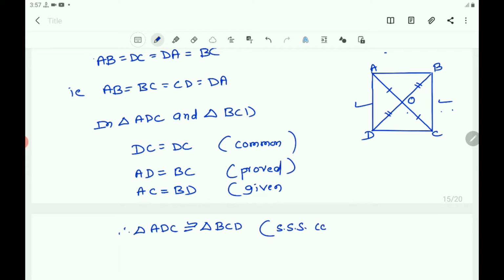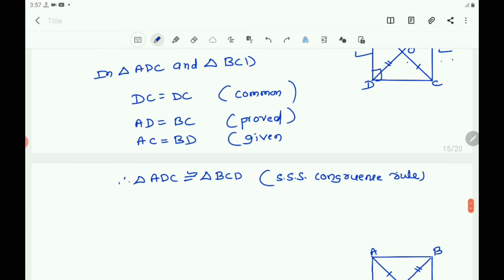SSS congruence rule. Now once you got that they are congruent, corresponding parts are equal. So you write angle ADC equals angle BCD.